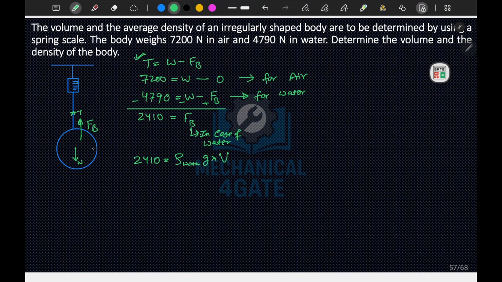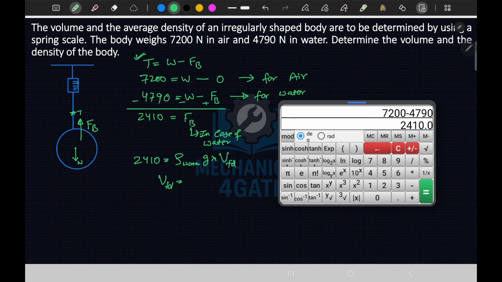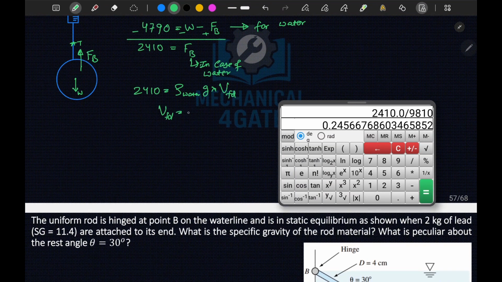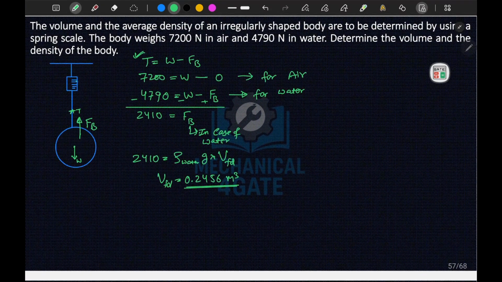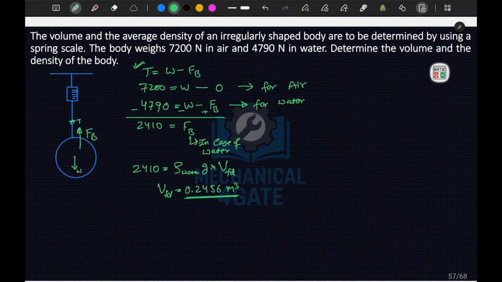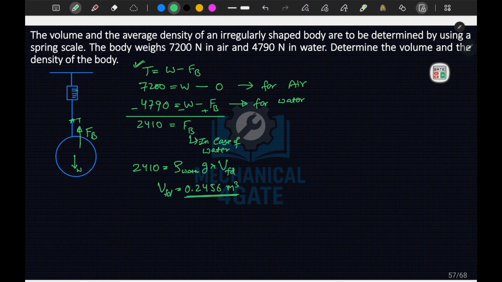So the volume of fluid displaced is equal to, if I substitute rho of water equal to 1000, 2410 divided by 9810. This volume displaced becomes 0.2456 meter cube. This is the volume of fluid displaced, and this volume will also be equal to the volume of the object.